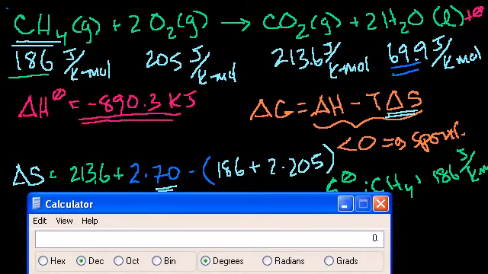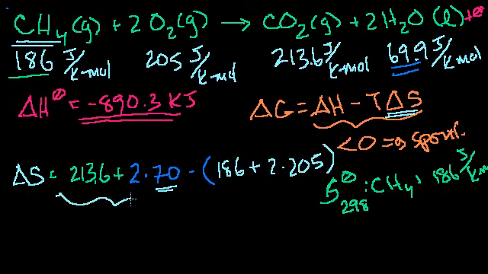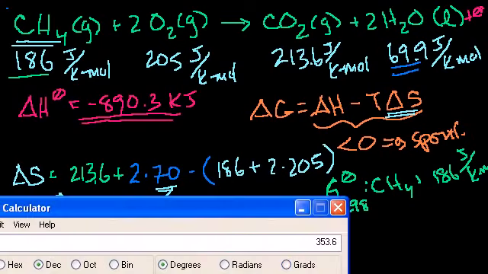Let's confirm that. So I have 213.6 plus 2 times 70, which is 140, is equal to 353.6. And then from that, I'm going to subtract out 186 plus 2 times 205, which is equal to 596.